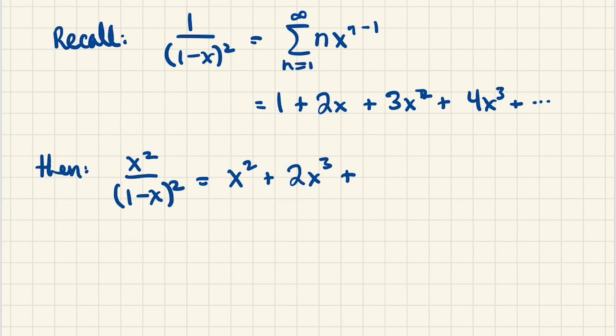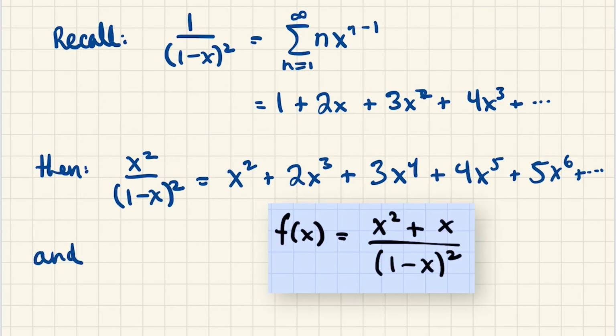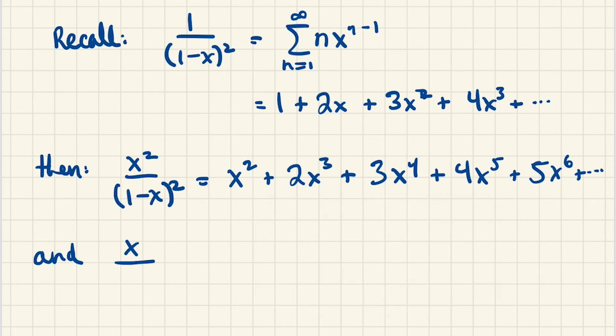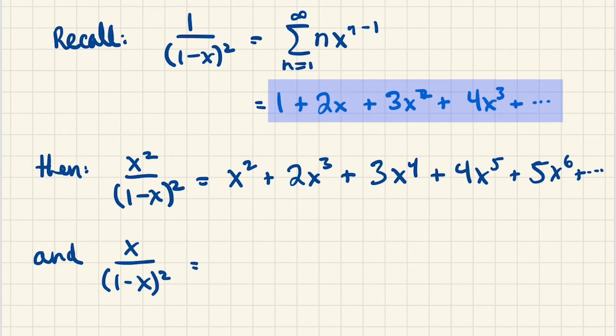So we're multiplying each term by x squared. Okay. Now, also, if you look at the original form of f of x, we have x over 1 minus x quantity squared. So let's write out a series for that as well. And we're going to get that by multiplying all of these terms by x.